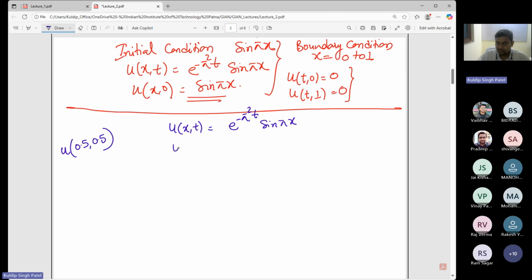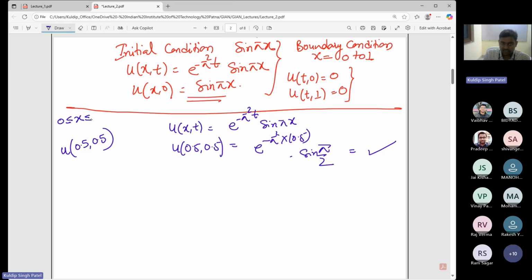I can simply calculate using a calculator: e to the power minus pi square into 0.5, and this is sine pi by 2. So what I wanted to convey is that for any value of x and t in the range, x from 0 to 1, please be clear, it's not anywhere, and t greater than 0, we can find the value of u.